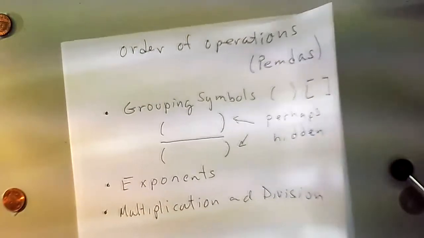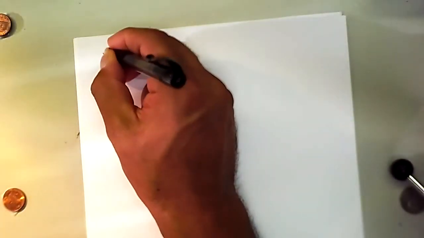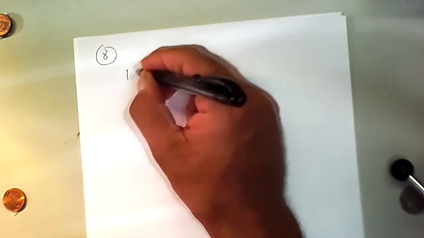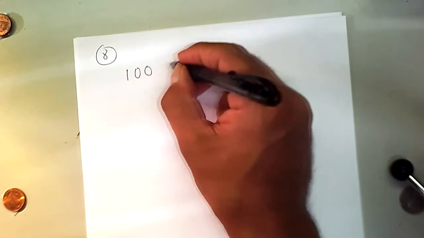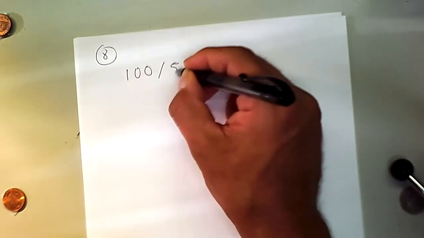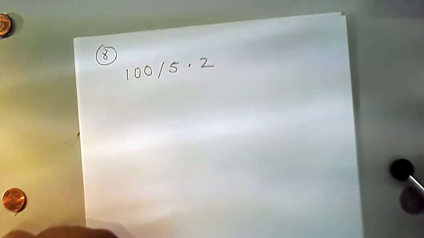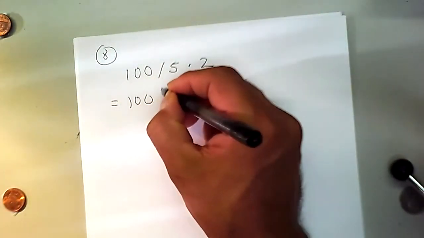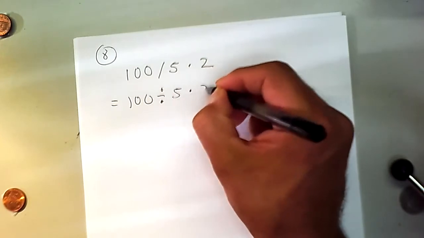Example 8. Okay, say you have 100 divided by 5 times 2.